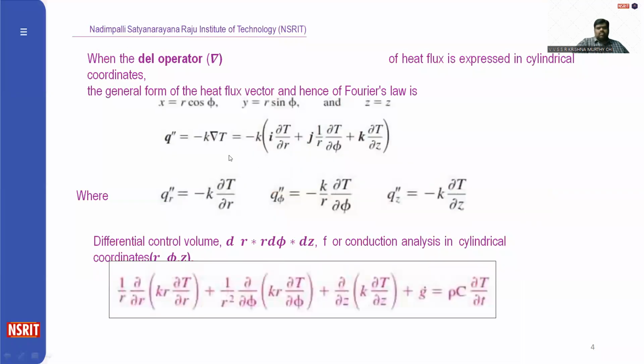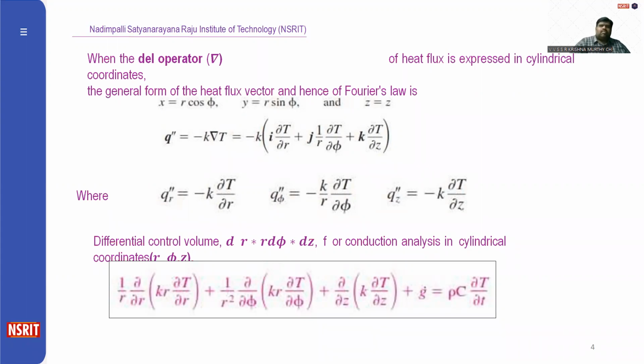You will get q dash, which is q of r minus q of r plus dr, as minus K_r dz r d phi dr into (del square T by del r square plus 1 by r del T by del r).